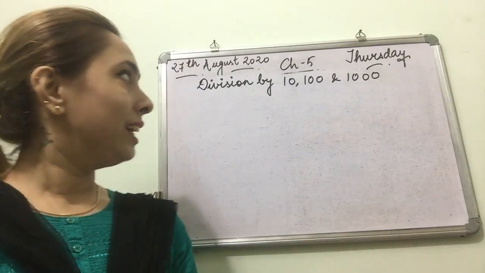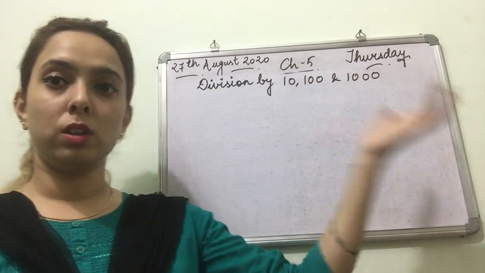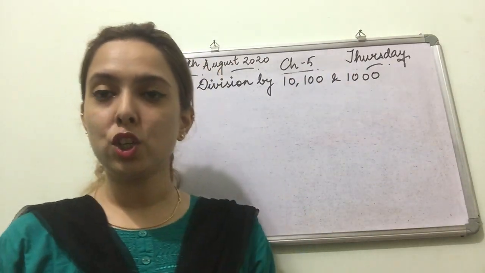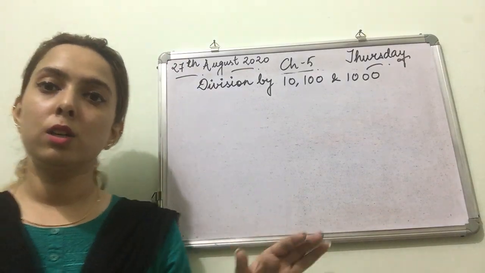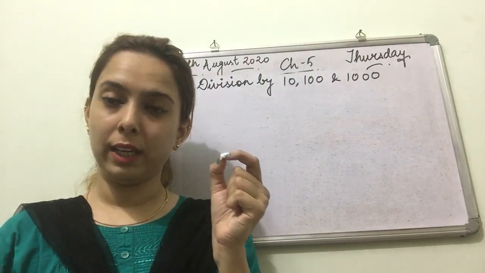Next topic is division by 10, 100 and 1000. Students, we have done multiplication by 10, 100 and 1000. So we have learned one small thing.